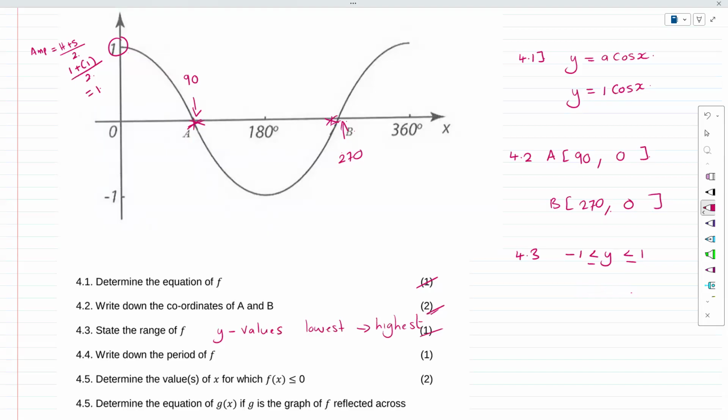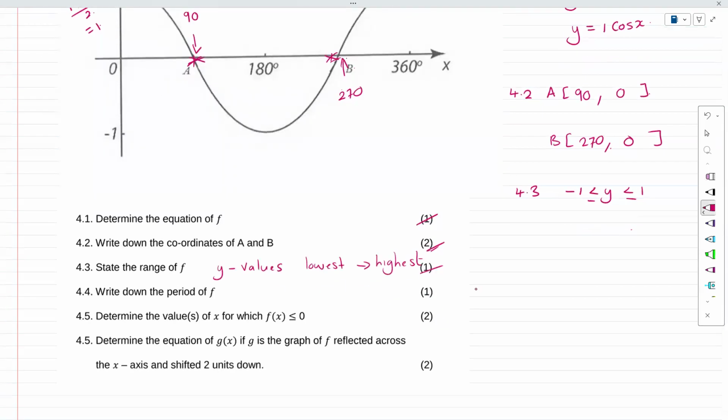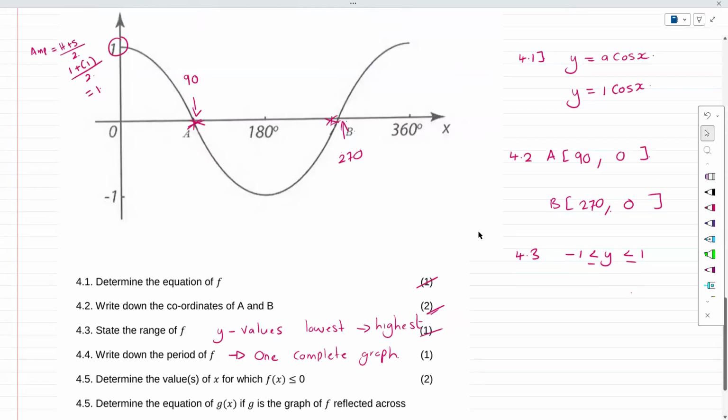Okay. Now, the period of the graph. Period stands for how long it takes for one complete graph, how long it takes for this graph to have a complete cycle, because sometimes we could have a sine graph that looks like that. Sometimes we could have a sine graph that looks like that. But it depends on where the sine graph ends, because that would be two sine graphs.